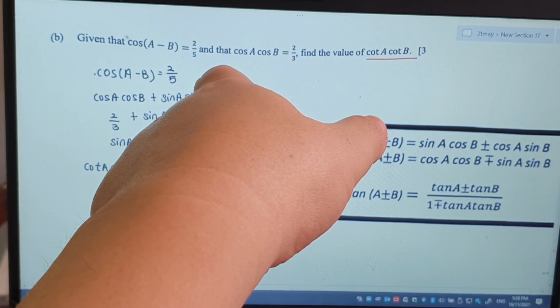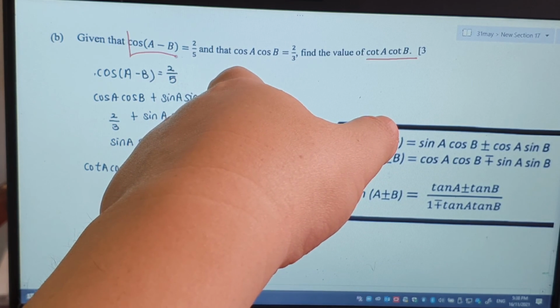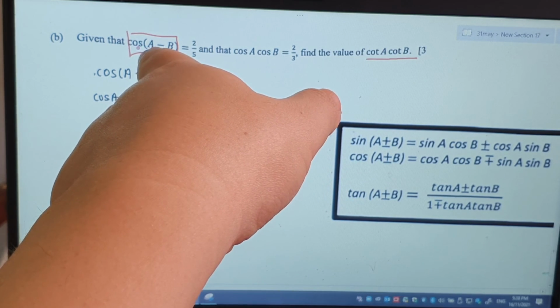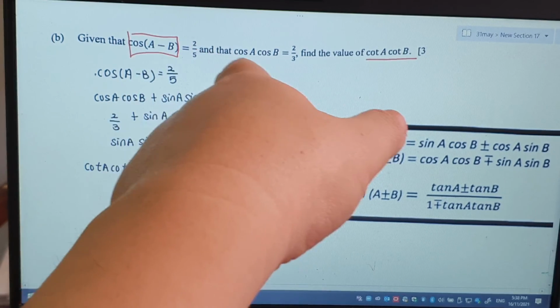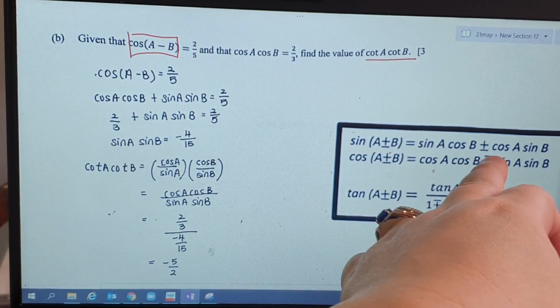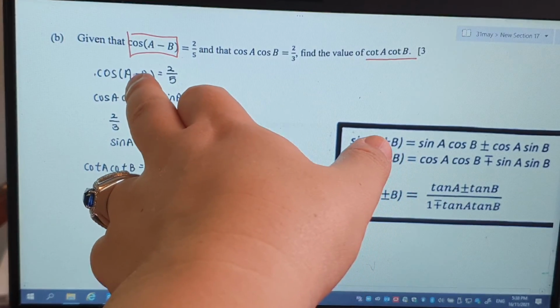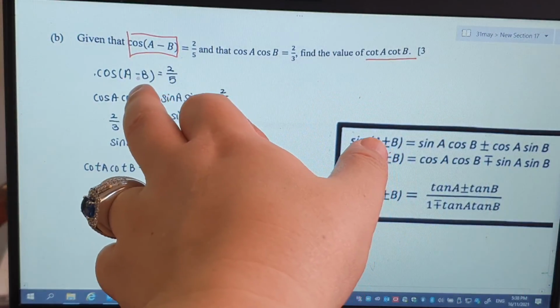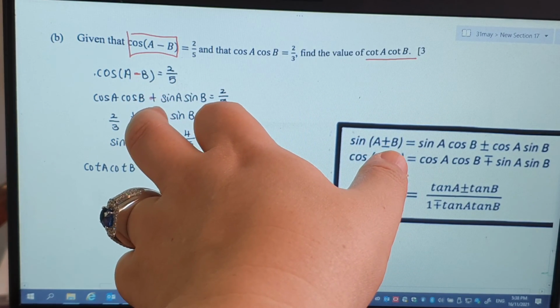So don't worry first. You see this, right? It looks like your addition formula for cosine. So apply it first. When it's plus, down here it's minus. Also, when it's minus, this is a minus. Minus, then it's plus. So we do the minus. This one changes to plus.